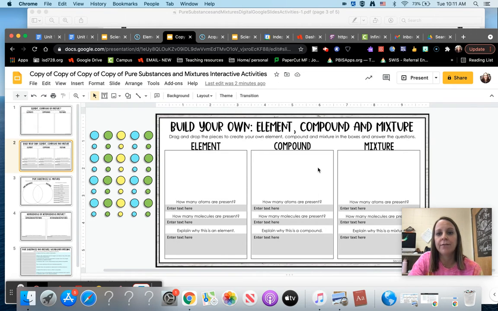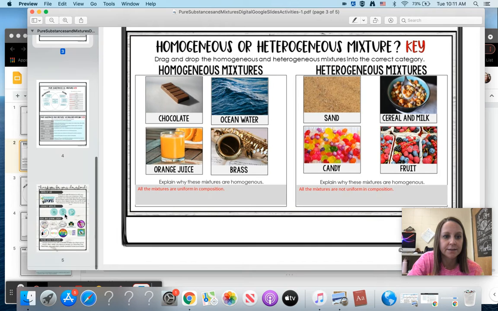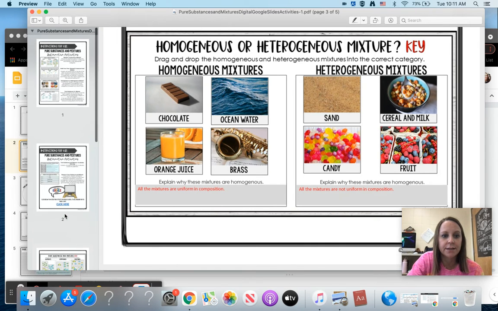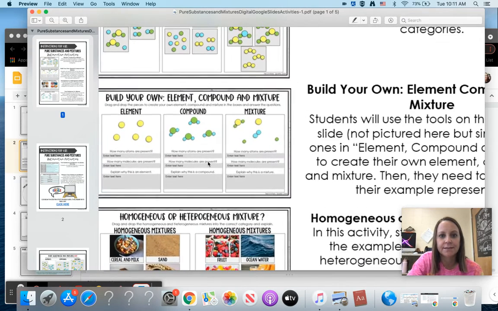Your compound would have different atoms joined together touching, and the mixture would have a multiple variety of things. So there is an example in here. Let me find it. All right, so you might have an example somewhat like this, okay? So the elements are all the same. The compounds are joined together with different colors, and then the mixture is a whole bunch of different ones.